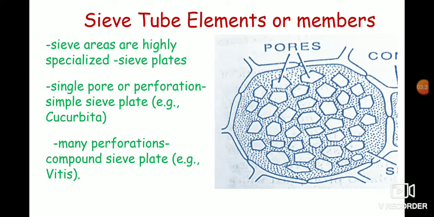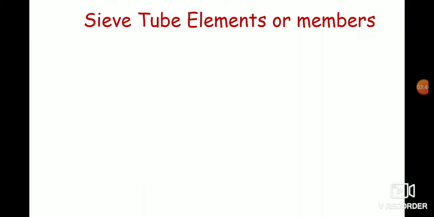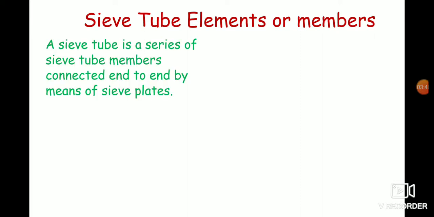If the sieve plate consists of a single pore or perforation, then it is called as simple sieve plate. Example, the cucurbita. And if there are many perforations, it is called as compound sieve plate. Example, vitis. Sieve plates provide a more complete interconnection between sieve tube members than the sieve areas in a sieve cells.